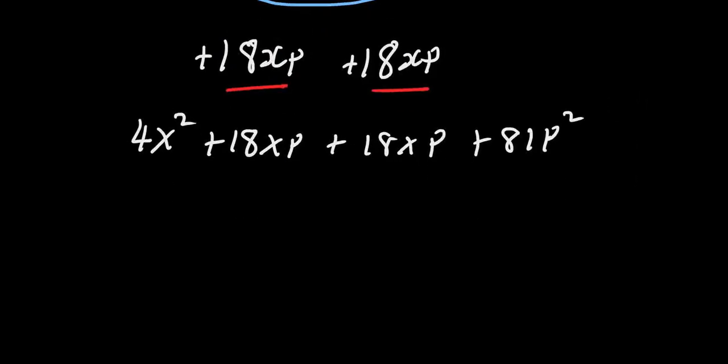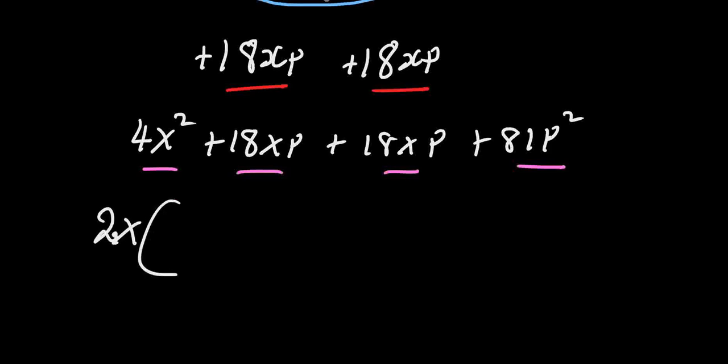So now we have four terms: 1, 2, 3, 4. And the best way of factoring four terms is by taking them in twos. So let's take the first two, and the GCF of 4x squared plus 18xp would be 2x.